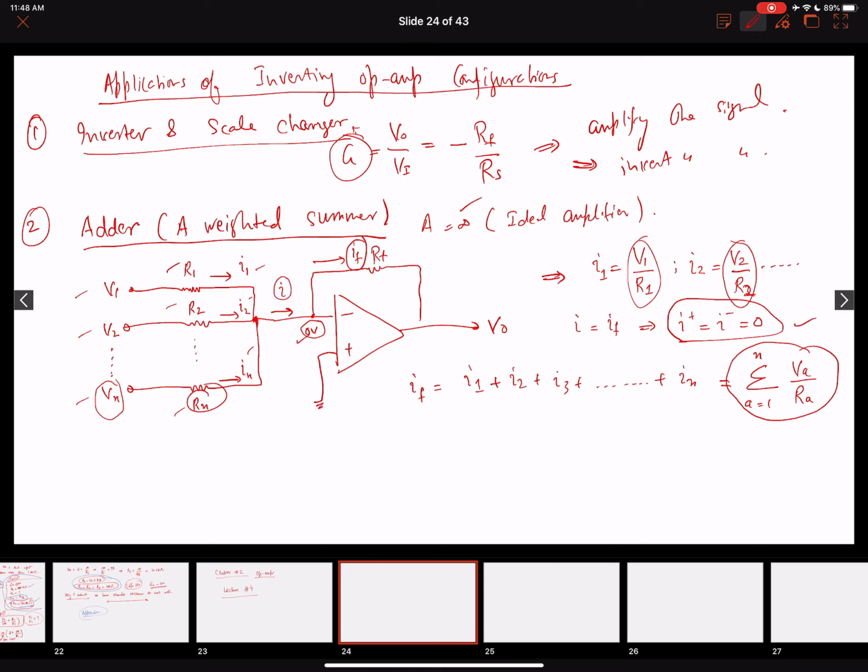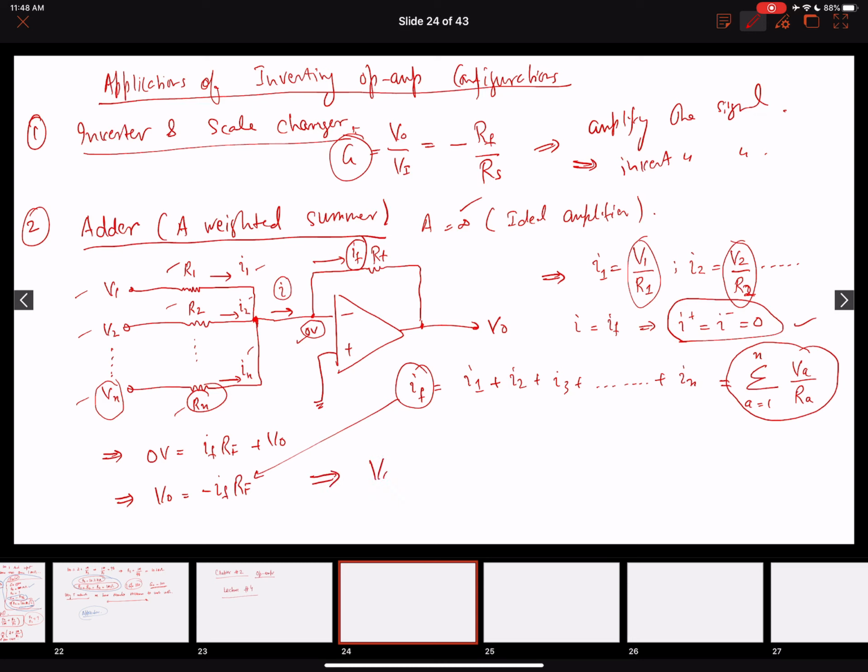Now let's solve for this other branch, the feedback branch, where we have our 0 volts equals IF RF plus V naught. So V naught becomes minus IF RF. We already know the value of IF. Put this value over here.